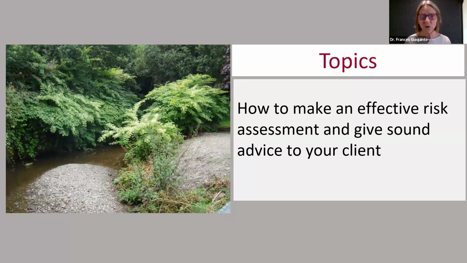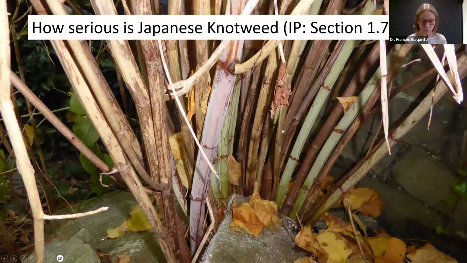Now, in this talk, I'm keeping it very simple so that you can't forget it. But afterwards, if you require a written template, I can send that on to you. That's absolutely no problem.